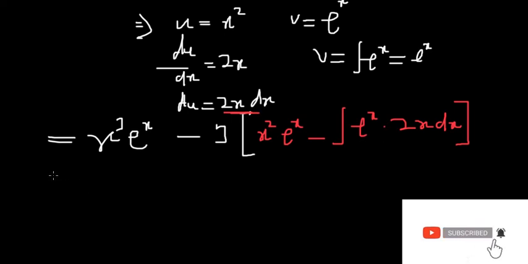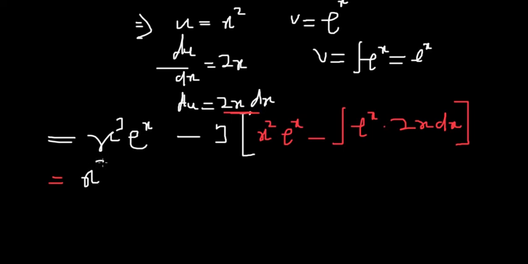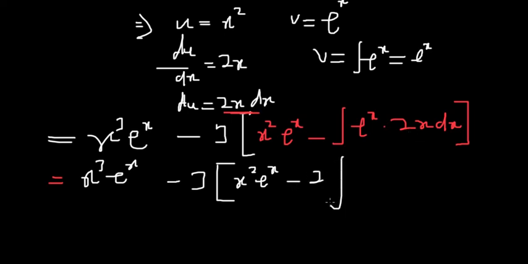When you simplify that, this expression remains the same, minus 3 remaining the same, and then we have x squared e exponent x, minus, bring the 2 outside, and then you maintain your integral, and then you have x dx. So this is a bit simpler right now, so you could just solve it.